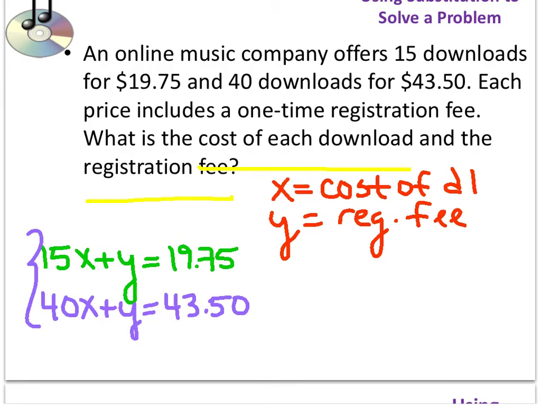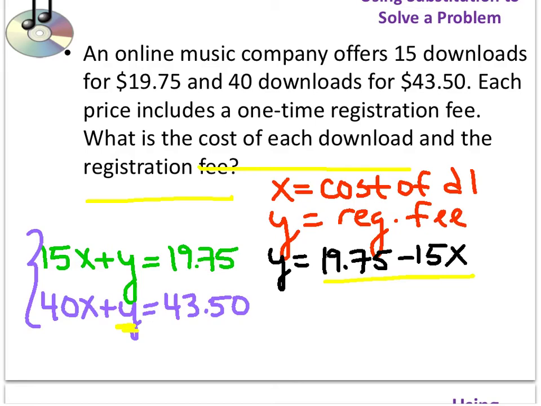Now, if I want to solve, well, look at this guy. y's alone, right? So it's going to be easy to solve for them. So I'm going to go ahead and solve for y for the first one. So I'm going to have y equals 1975 minus 15x. Now I'm going to take this whole thing and plug it in right here.